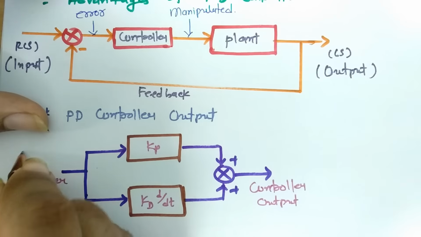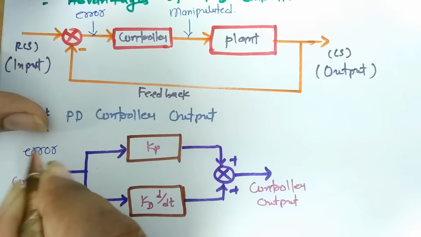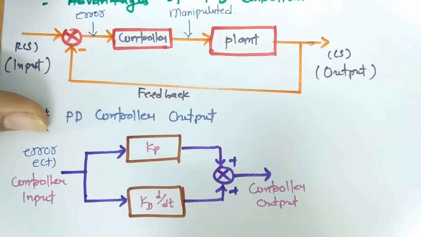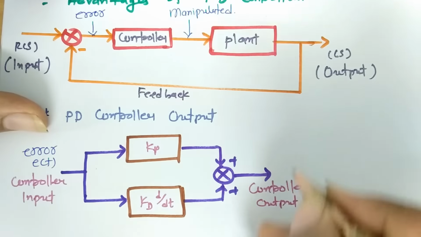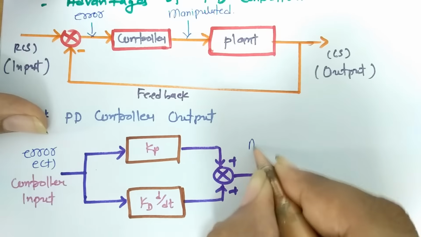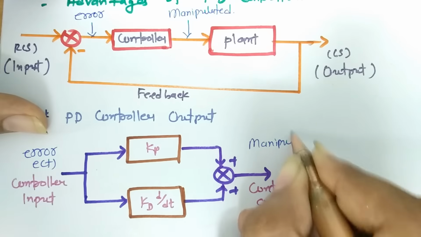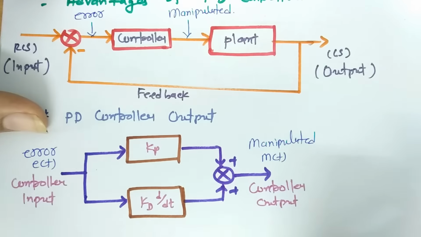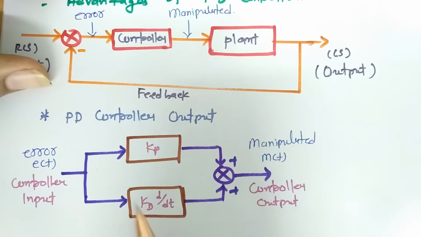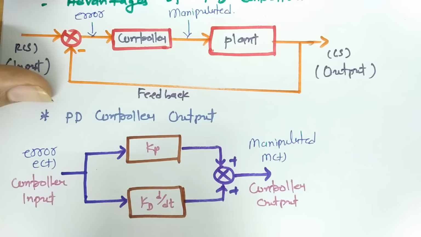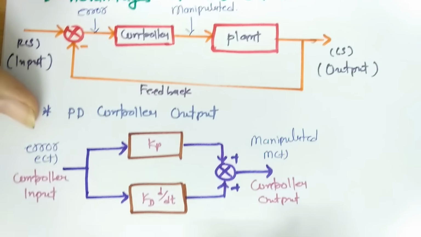In time domain we refer to that as e(t). And the controller output is also referred to as the manipulated signal, and that signal we can refer to as m(t) in time domain. So first I'll explain the transfer function of the controller output in terms of the S domain as well as in terms of time domain. So let us begin.